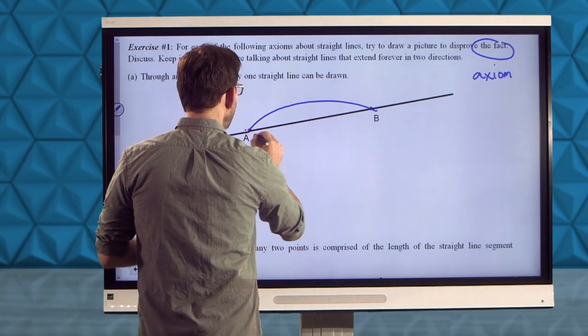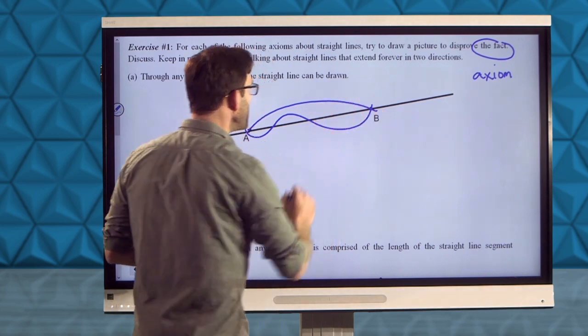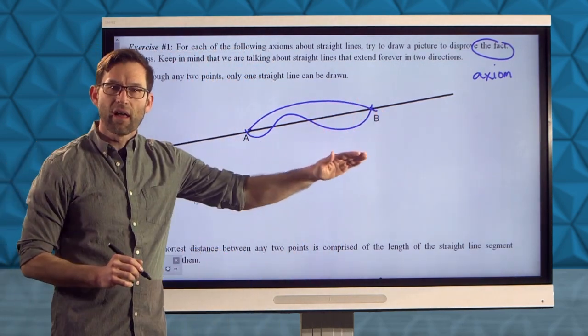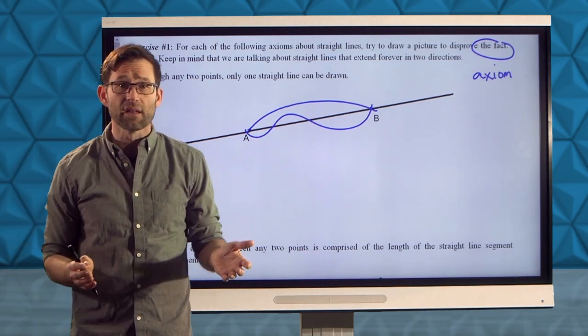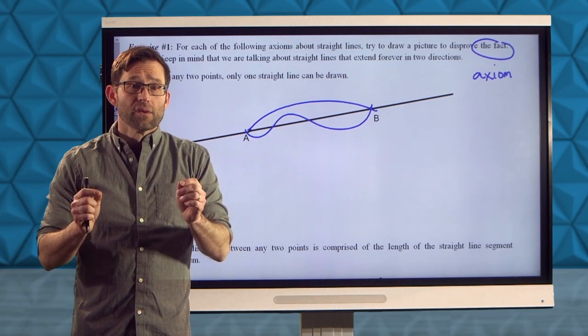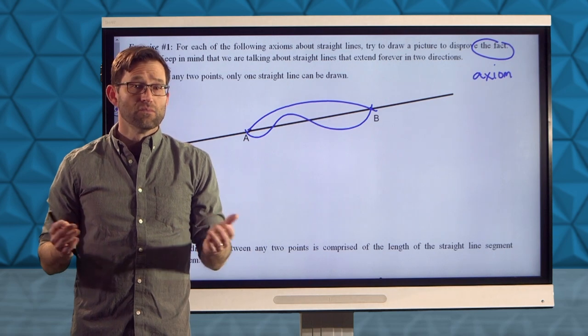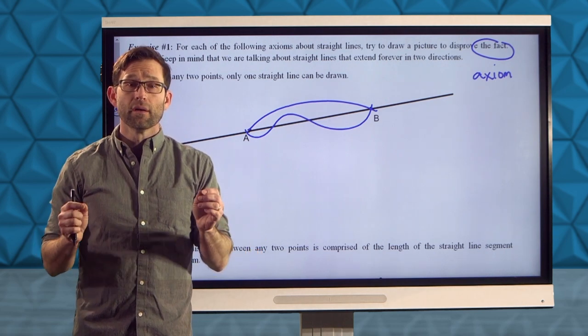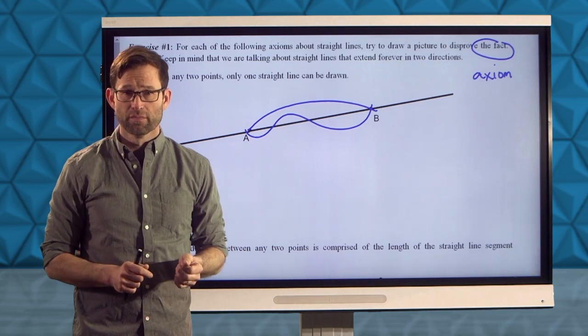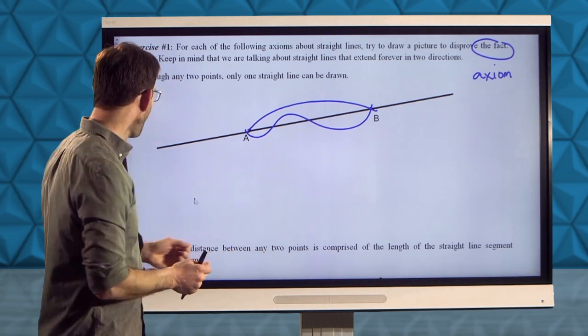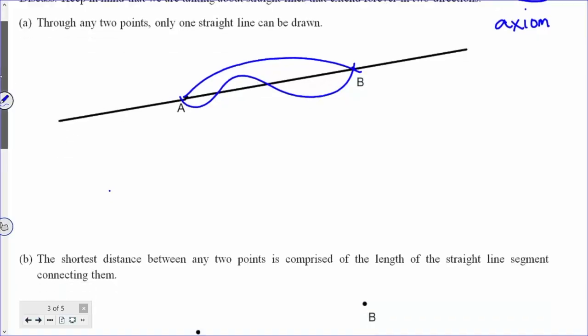I can't get from A to B along a straight line segment, except along that line segment. That's it. A fundamental assumption. No way to really prove it, except we just accept it as being true. Whatever that means. All right, let's take a look at the next one.